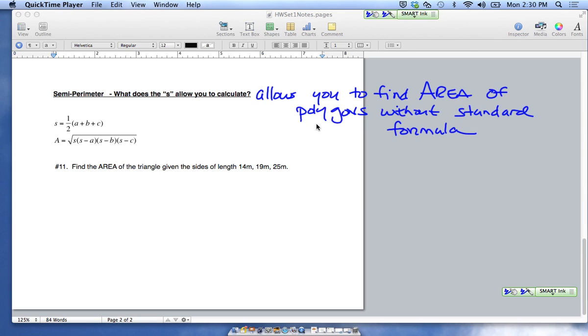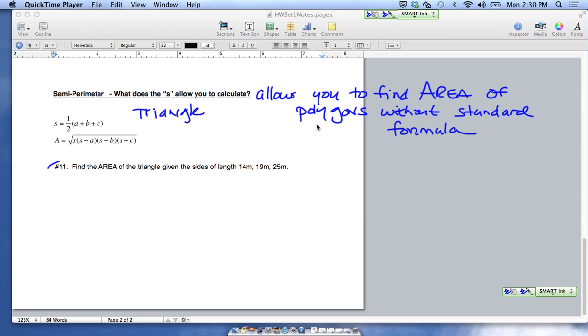So the semi-perimeter is represented by lowercase s, and it's 1/2 the sum of all the sides. So here, this formula would represent the semi-perimeter for a triangle, A, B, and C being the sides of the triangle. So I've asked you to do 2 homework problems, and I will do number 11 right now.